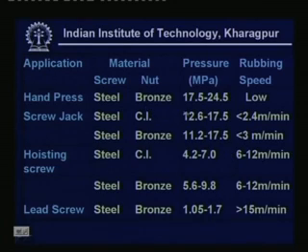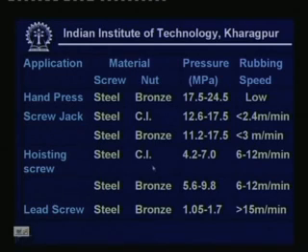The pressure is 17.5 to 24.5 megapascal, which is very large, but the rubbing speed here is quite low. And whenever we have such large bearing pressure, this is the safe pressure for bearing, and whenever the bearing load is very high, then that has to be lubricated properly, otherwise it will wear out.